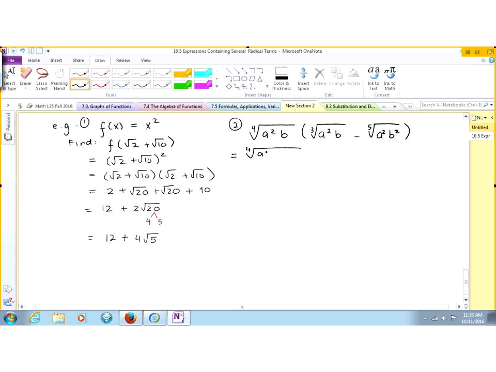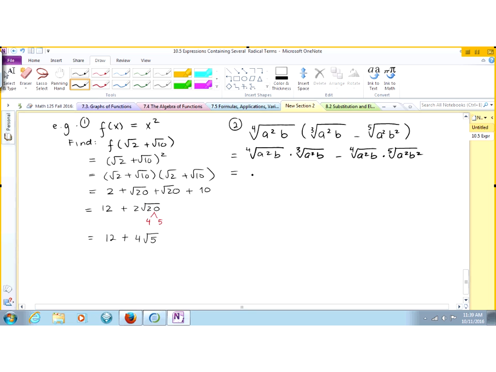So you're going to write it like this, right? The 4th root of a squared b multiplied by the cube root of a squared b. This is too long. And then, minus the 4th root of a squared b times the 5th root of a squared b squared.